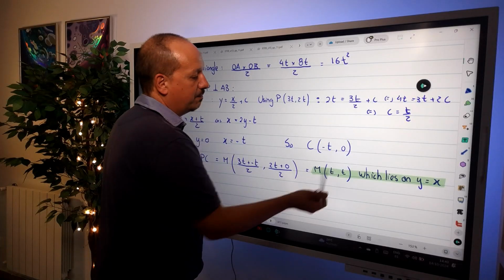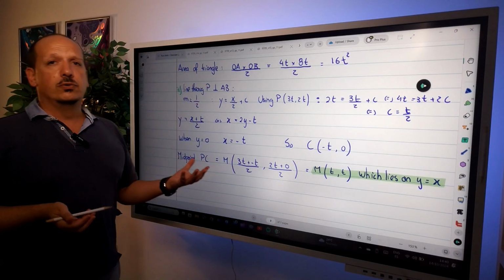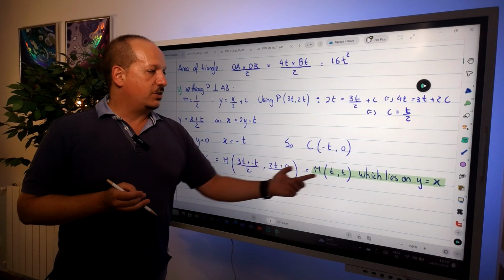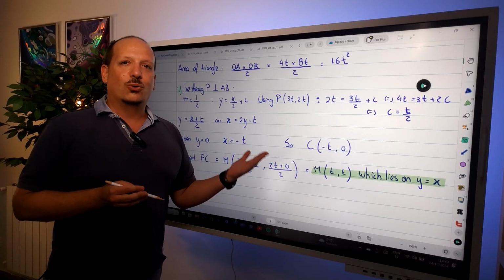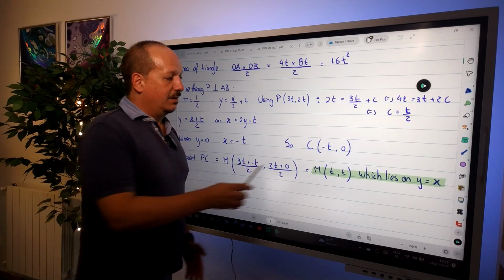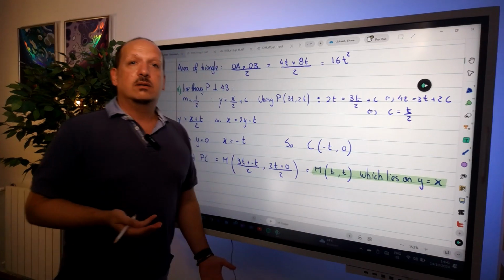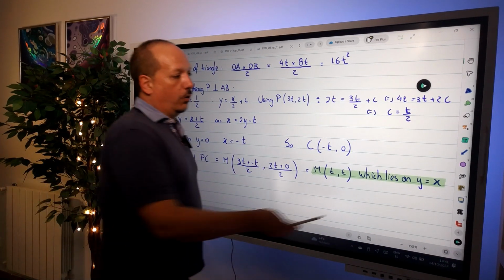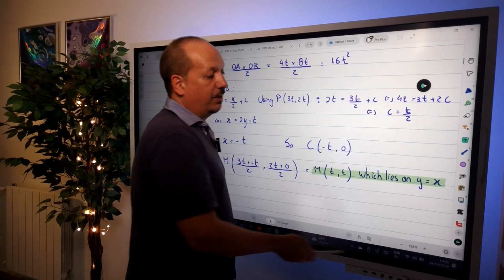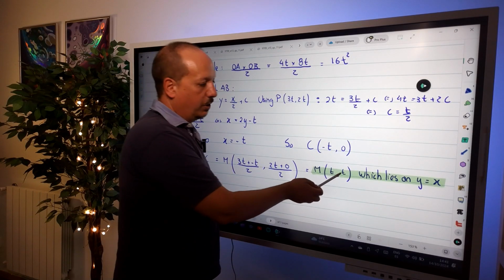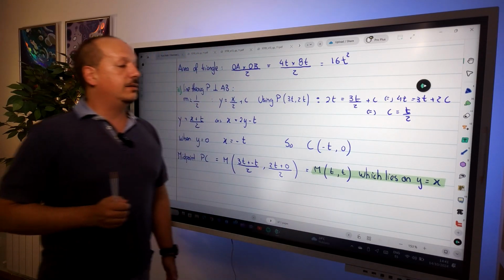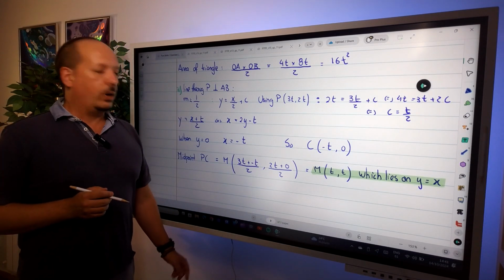You have (t, t). How do you prove that this lies on the line y equals x? In order for it to lie on the y equals x line, the two coordinates should be the same, right? For whichever value of x, you have the same value of y. For whichever value of t, over here, you have the same over there, right? So you have just proven that it lies on the line y equals x.